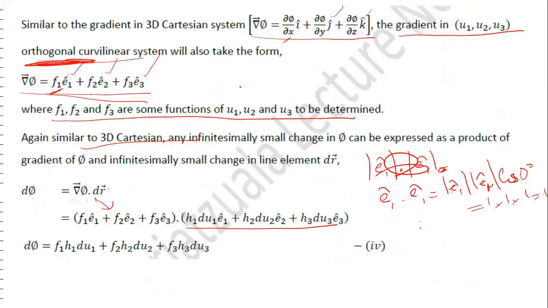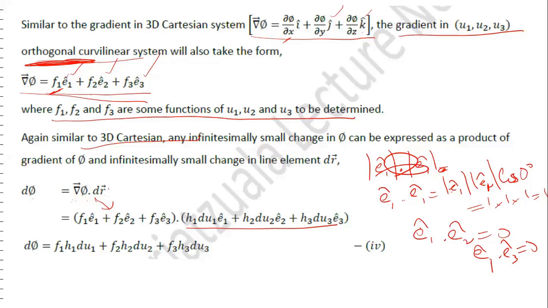In such case, your E1 dot E2 is 0, E1 dot E3 will be 0 if the coordinate surfaces intersect and the coordinate lines intersect at 90 degree. The tangential unit vectors are also orthogonal to each other in this orthogonal coordinate system.